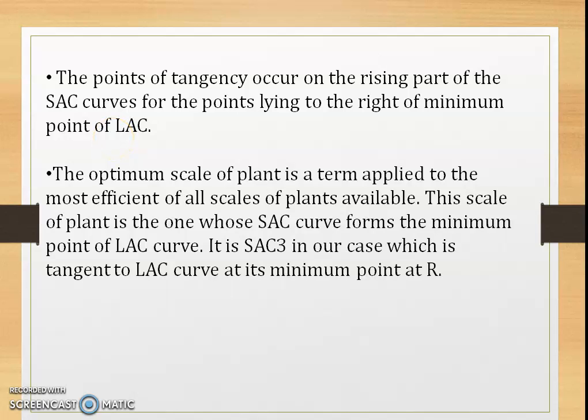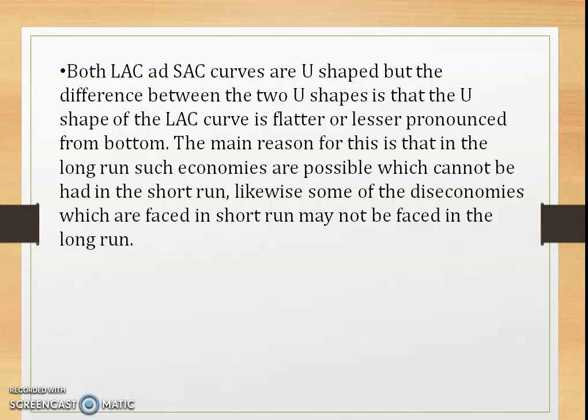The optimum scale of plant is a term applied to the most efficient of all the scales of plants available. This scale of plant is the one whose SAC curve forms the minimum point of the LAC curve. So it is SAC3 in our case, which is tangent to the LAC curve at its minimum point at R. Both LAC and SAC curves are U-shaped.